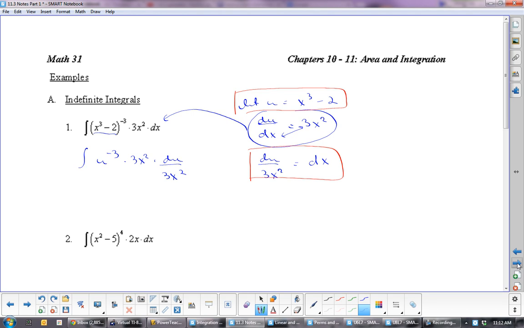So I haven't done any integrals yet. I just substituted x cubed minus 2 becomes my u, and dx is du over 3x squared. Okay, then do any cancellation you can. So I've got my 3 and my x squared, so I am left with u to the negative 3 du.